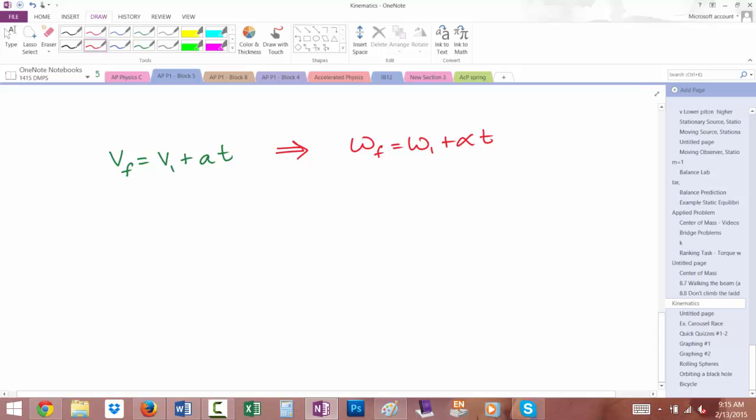Okay. We'll write down a couple more. If you've got X is equal to VIT plus 1/2 AT squared, or like VF squared is equal to VI squared plus 2A delta X, go ahead and write the rotational equivalents of those equations.